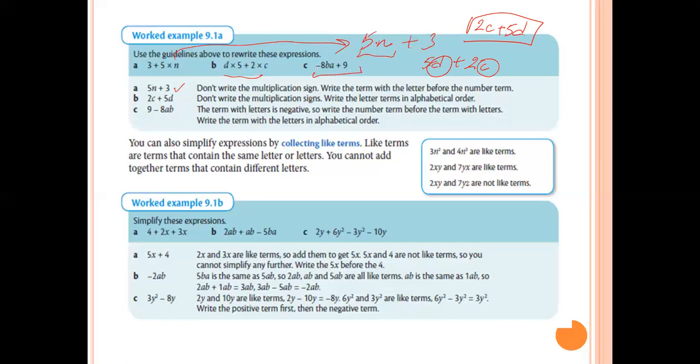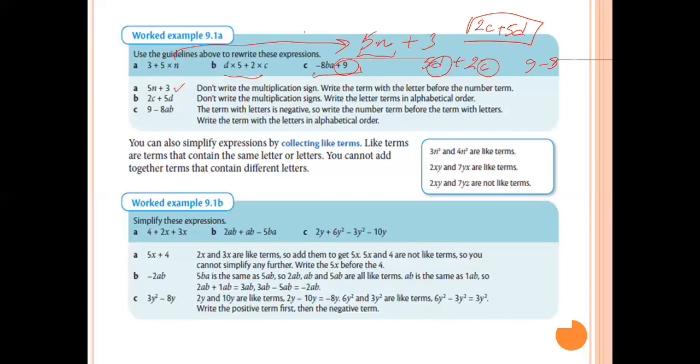And the last one, I remember it was also one of our rules about negatives. How can I write it? First of all, the positive terms. Positive 9. So as you see here, 5 minus, not plus, because the sign of 8 is minus, and the coefficient of BA or AB you can write either way because we have multiplication.